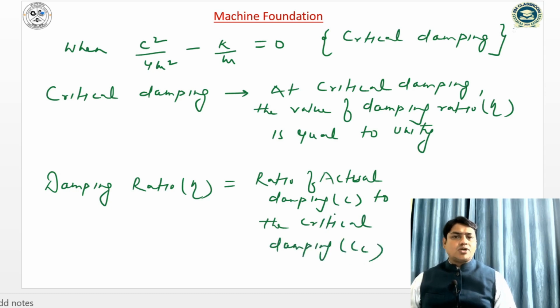So the ratio of actual damping to critical damping is called damping ratio, and in case of critical damping, the value of damping ratio will be unity.